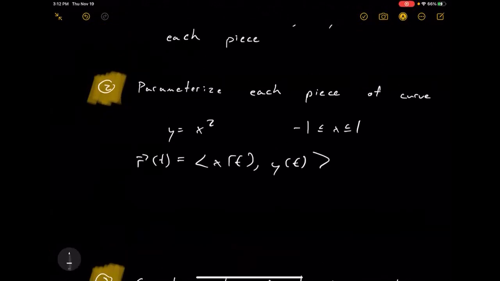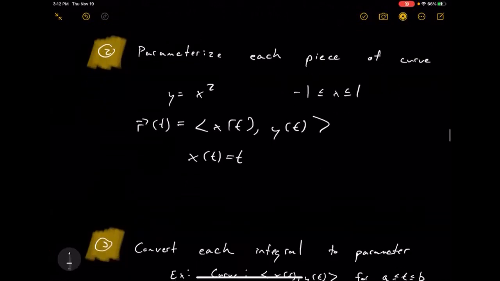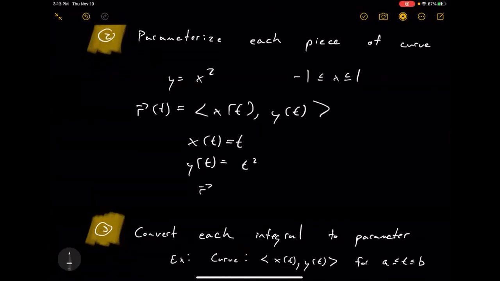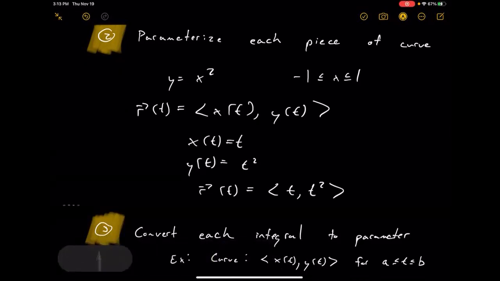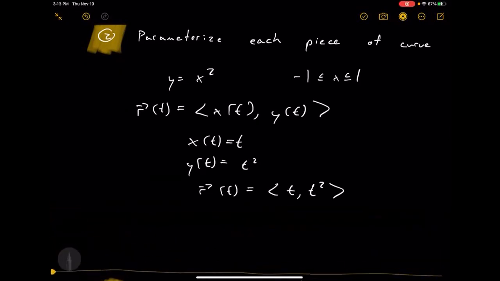For this curve, it's fairly easy. We just let x of t equal t. Okay, and if x equals t, if that's our parameterization for x, to find y, what's y of t? I just plug this in for x here, and I see, okay, y of t is equal to t squared. So my parameterization for that first curve is t, t squared. Okay.